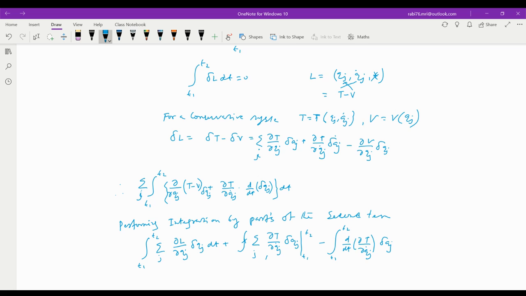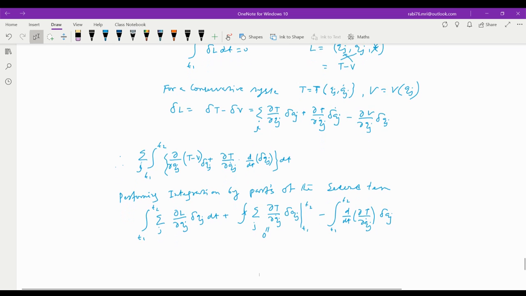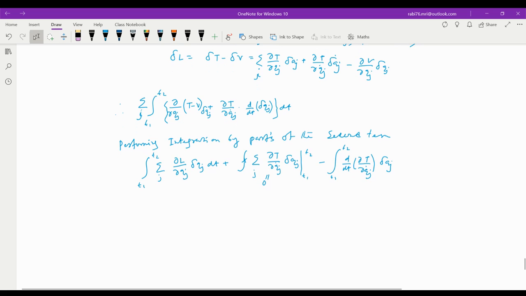Now this term will be equal to 0 because at end points delta qj equals 0.